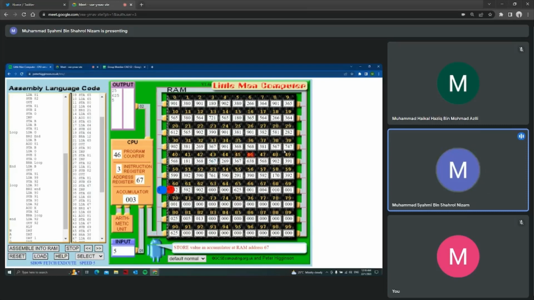So 5 is load. So it will take the value from 67, and we put it in the accumulator. So I will go fast. Here you can see it's already looped.